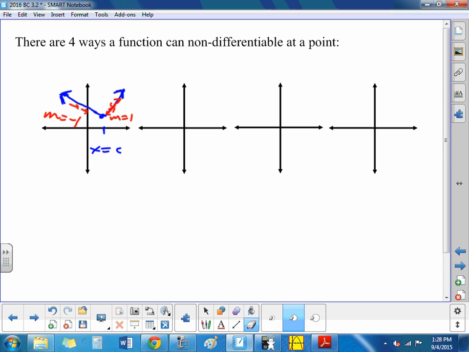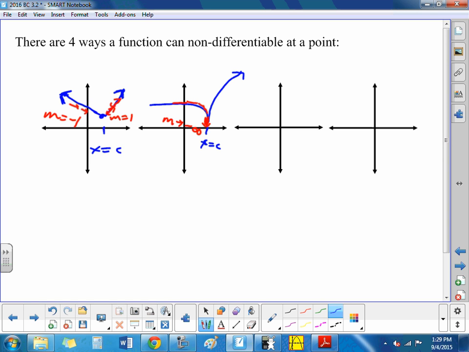Here's another one. We could have a curve that does this. Okay? And if this happens, the slopes on the left are getting more and more negative. More and more negative, more and more negative. In fact, right here, we can see that these slopes are getting to be like -10, -100, -1,000, and the slopes are basically going to -infinity as you approach x equals c here.